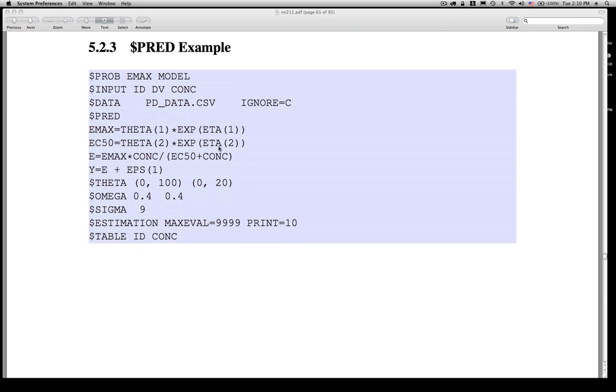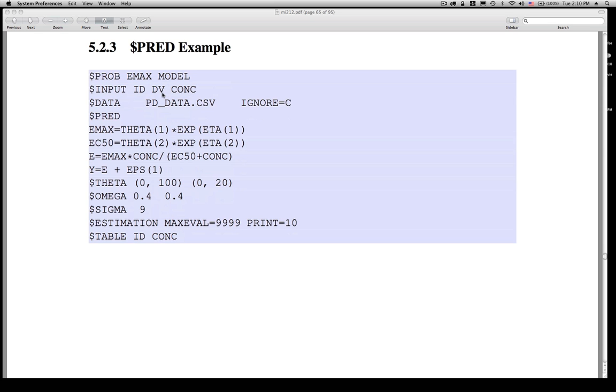There's no PREDPP library for pharmacodynamic models, but we do have $PRED where the user can define any relationship they're interested in. This one here demonstrates a simple data set that has an ID, a dependent variable, which is the pharmacodynamic observation, and a concentration.